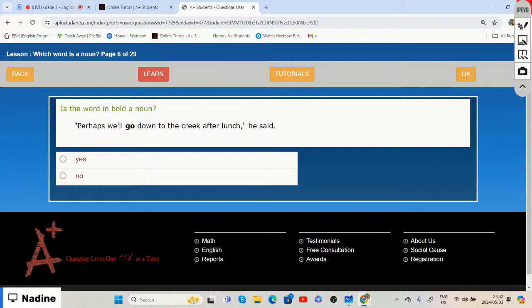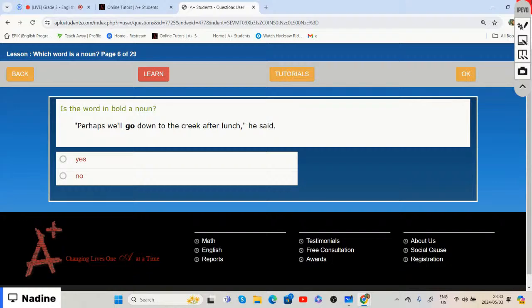Go. So if we look at the word "go," is that a noun?